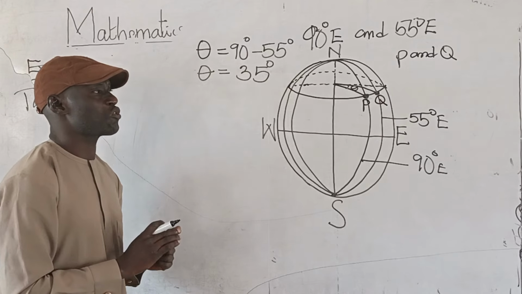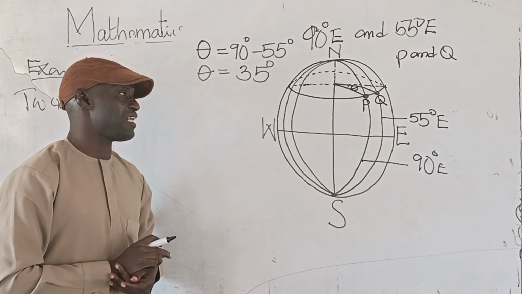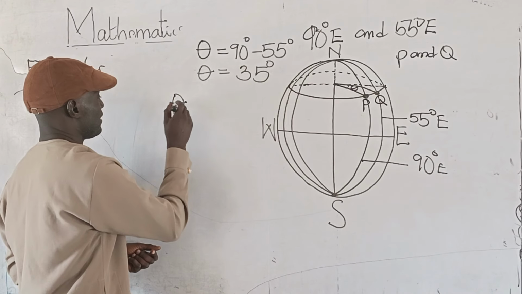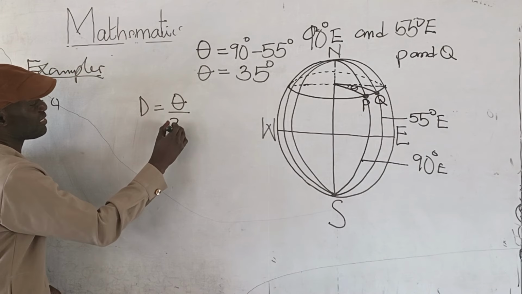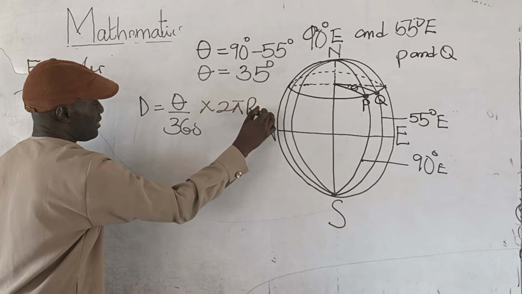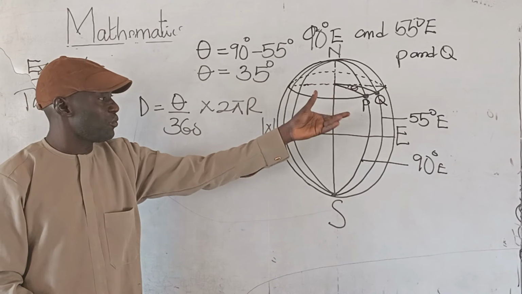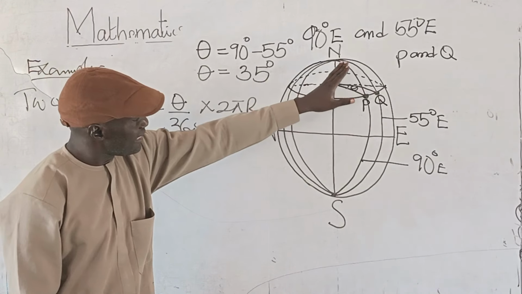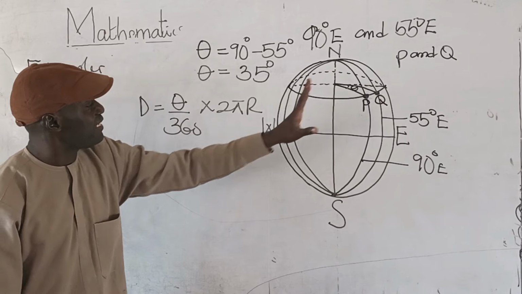And we are supposed to know the formula to solve the problem. The formula for the distance along the great circle is theta over 360 times 2 pi big R. This is the formula. And I've already sketched the diagram, the way it's going to look. When I started sketching it, I first indicated my 90 degrees east.